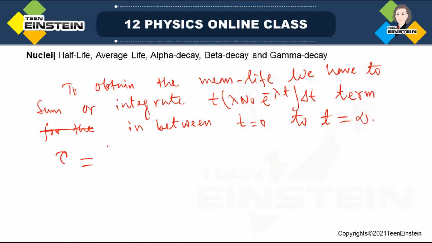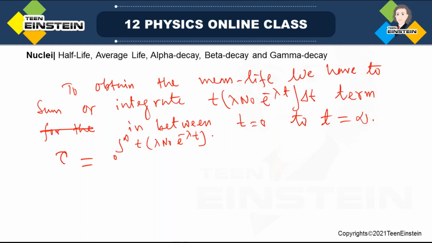So if we get the total time, meaning for all the nuclei, by integrating 0 to infinity, this term again I'll write as lambda n0 e to the power minus lambda t into delta t.